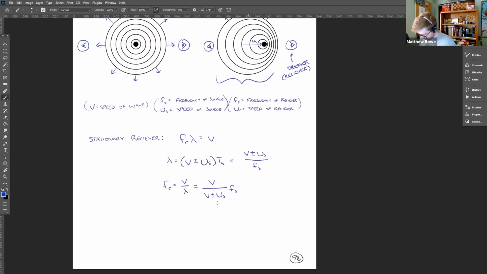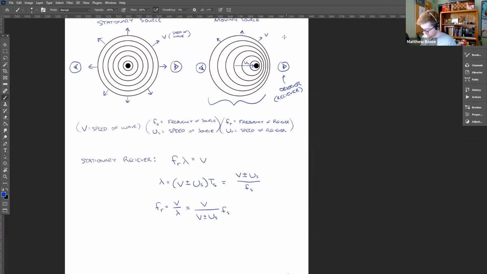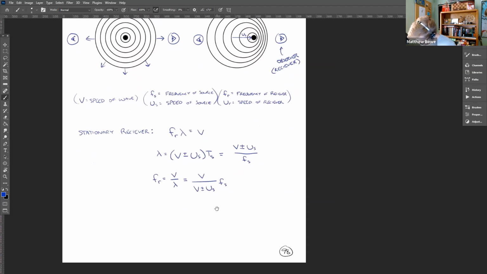Intuitively, I think it's going to be similar to this case, but I don't know if it's going to be exactly the same. So let's make this general form.